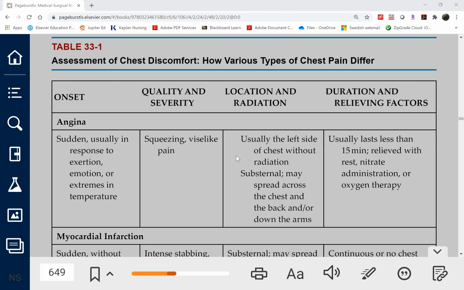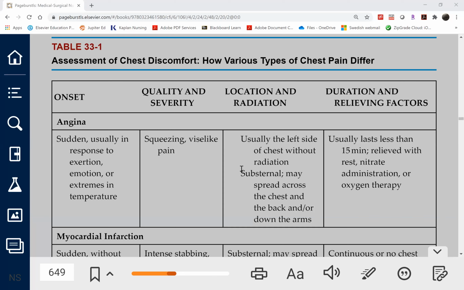So the heart here is very selfless. It's prioritizing the brain and the lungs before itself. It prioritized delivery of the oxygen during systole to the other organs and leaving itself the scraps during diastole. So after, when they relax, that's when the blood enters the coronary arteries.